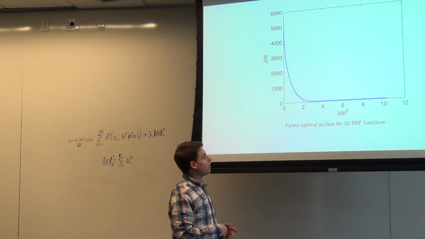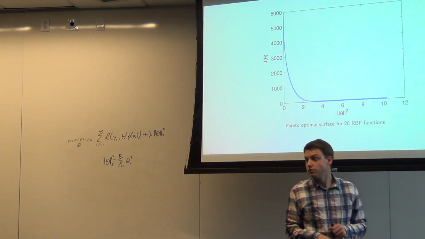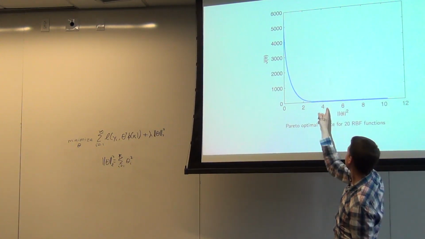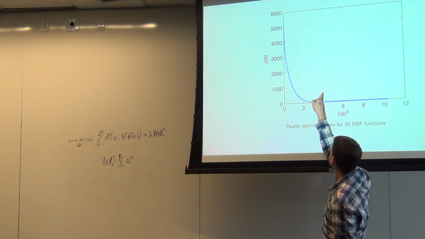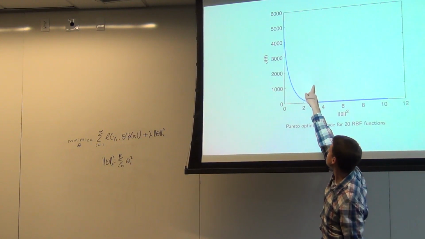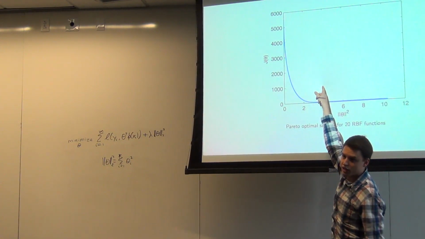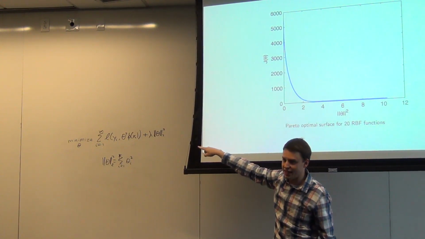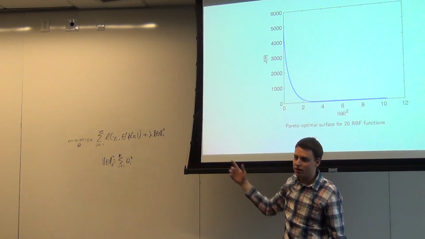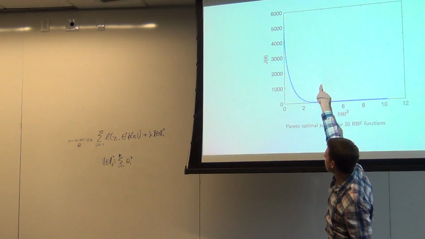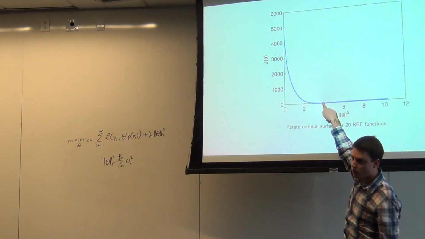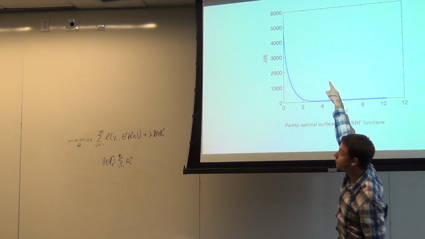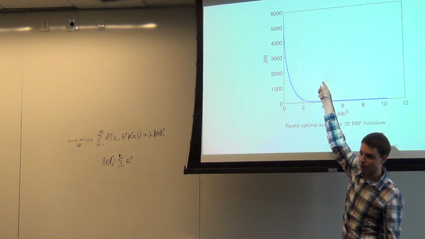But if I were to give you a theta that achieved this point here, say, so it had a norm of theta equal to 4 and it suffered loss 1,000, well, this point is clearly not a good value of theta. It's not minimizing any combination there, right? Because for that same norm, I can find something with much lower loss, or for that same loss, I can find something with much lower norm.